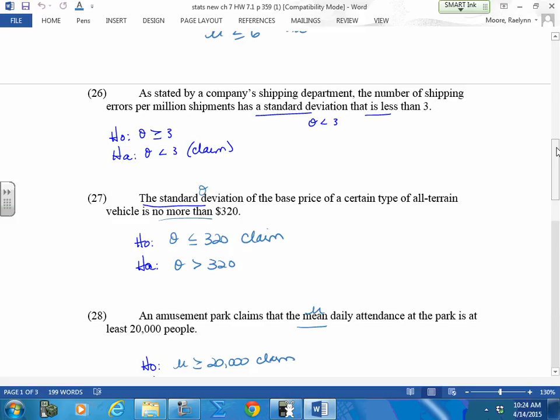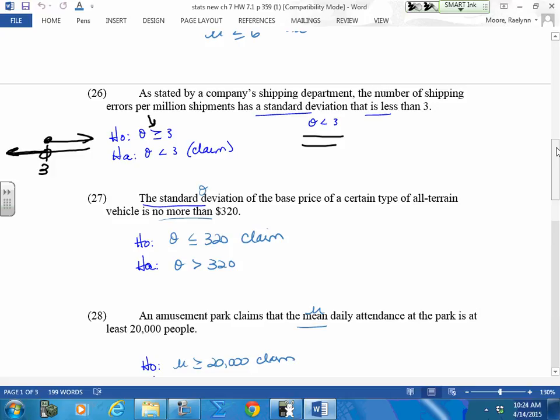That's your claim right there, less than 3. That's the HA. No equal sign. Write the claim out first and then figure out where it's going. Its complement is greater than or equal to. Think of your number line. Less than 3. Its complement says, I need this and this. See its complement after using a number line?